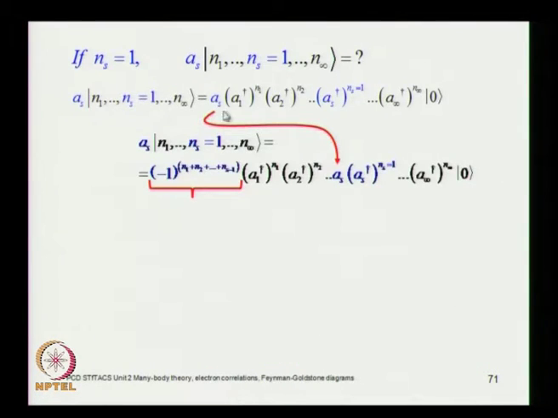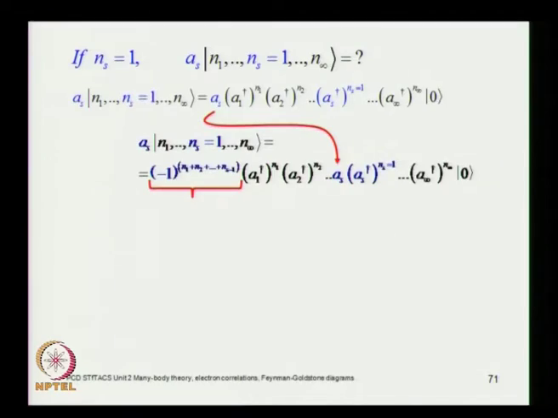So when you move it just behind this creation operator, every time you have moved it, you will raise minus 1 to the power a sum of all the occupied states till this, okay, all the occupied states. If any of those is vacant, it will not contribute, because that A dagger to the power 0 is just the unit operator, so it does not contribute, okay. So you have got minus 1 to the power n_1 plus n_2 and so on up to n_(S-1), okay.